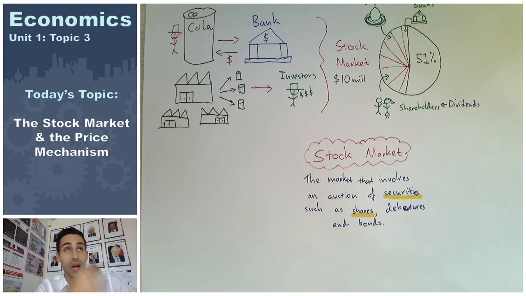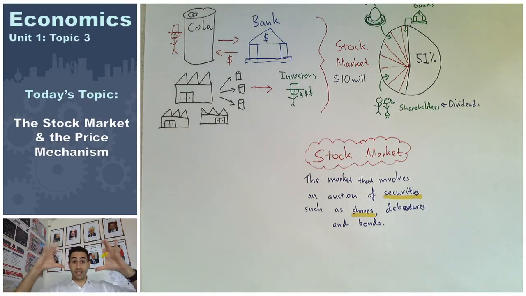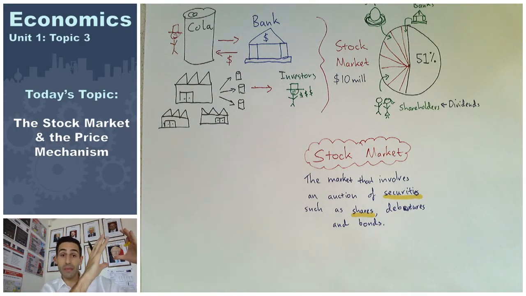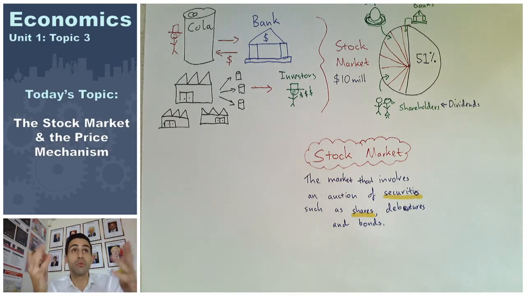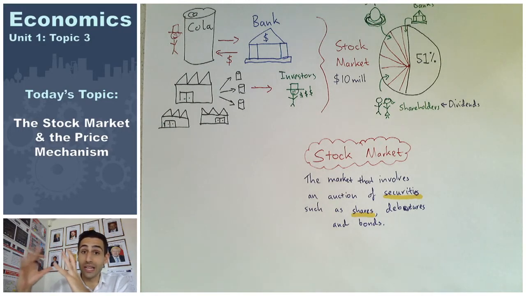Now, why do you do that? Why are you giving the government money? Well, you get a bond from the government, which is like a certificate, a piece of paper, which says you've given the government this amount of money and it's for a maturity of 10 years, for example. So that means you're going to get all your money back after 10 years once the bond reaches maturity.